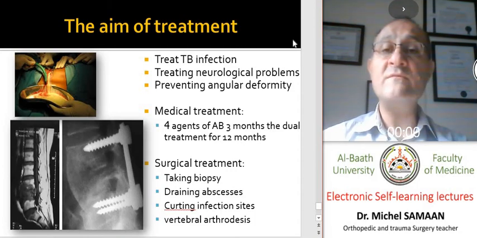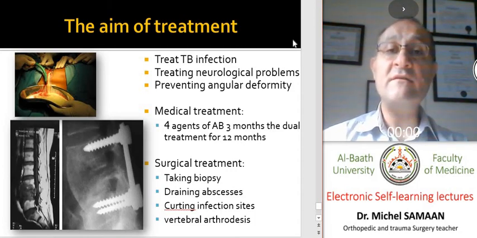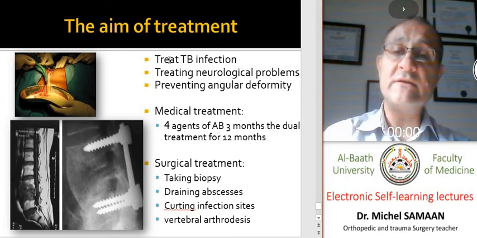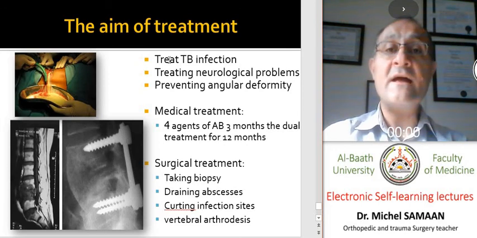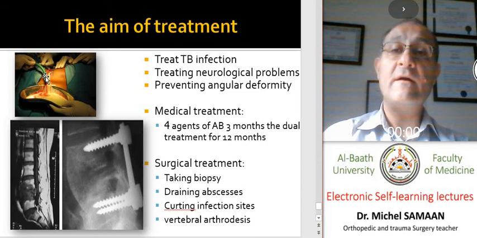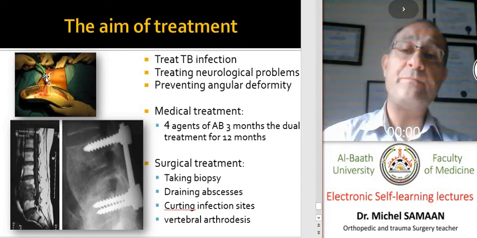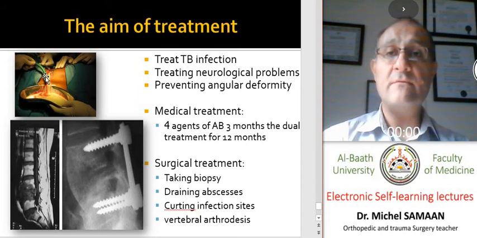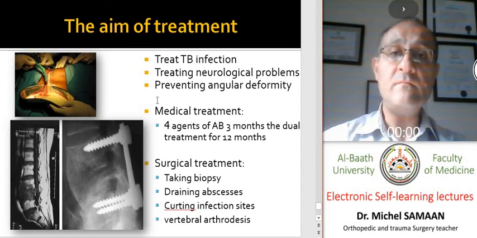The aim of the treatment of spinal tuberculous infection is to treat the infection, to alleviate the neurological signs and symptoms, and to prevent deformity. If we have a large abscess around the vertebra, we should drain it and continue with antibiotic therapy for a long time.